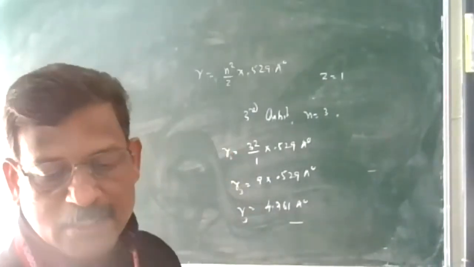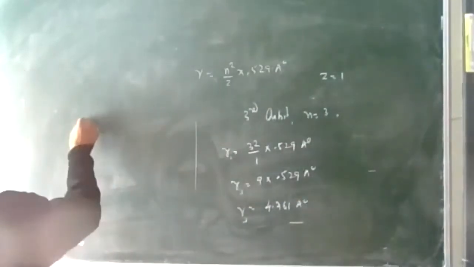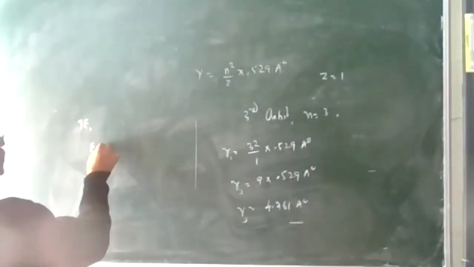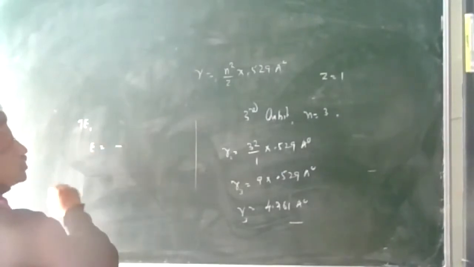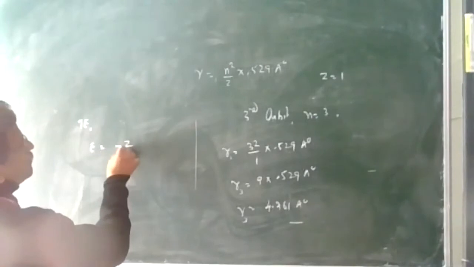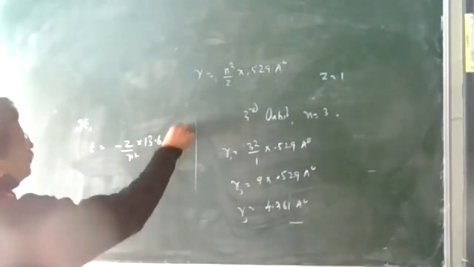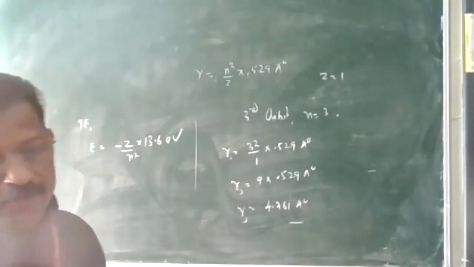And what will be the energy corresponding to this? The energy equation is already known. Total energy is equal to minus Z square divided by n square into 13.6 electron volt. You are familiar with this equation.